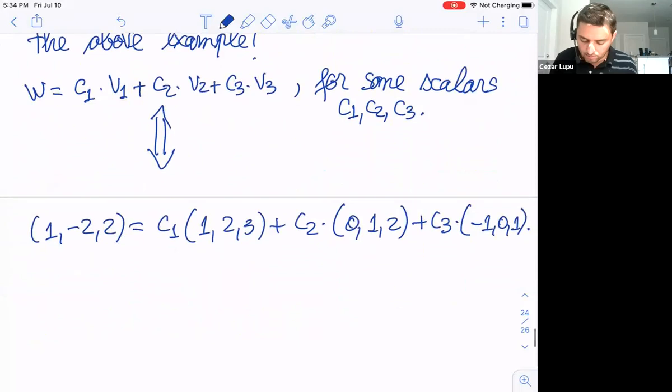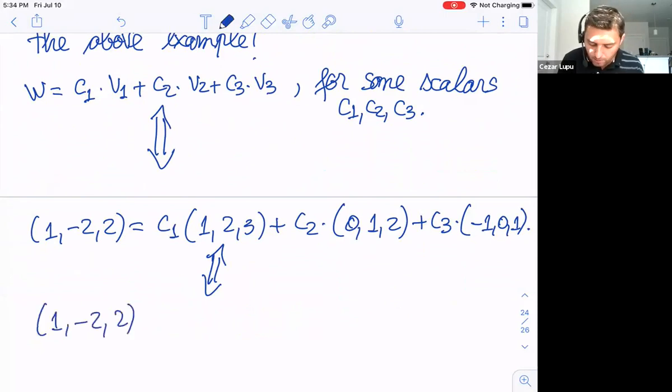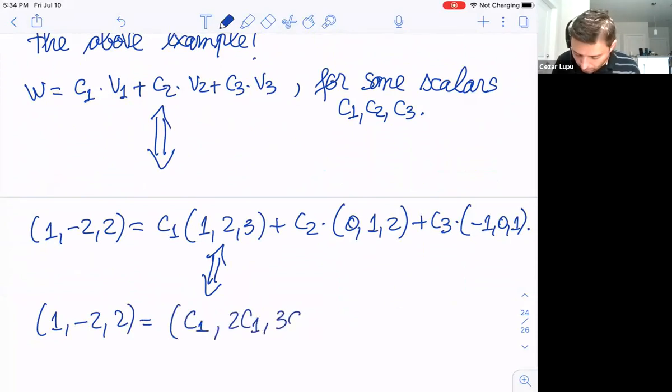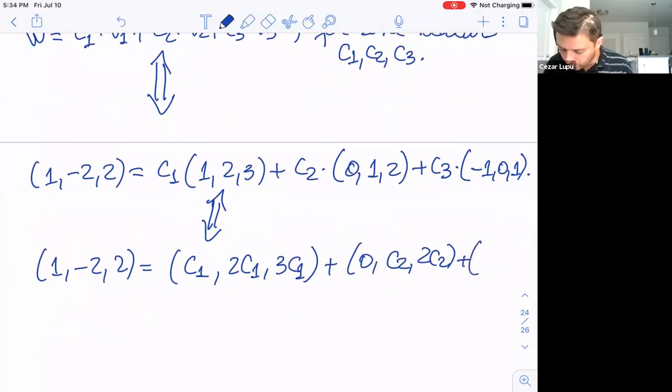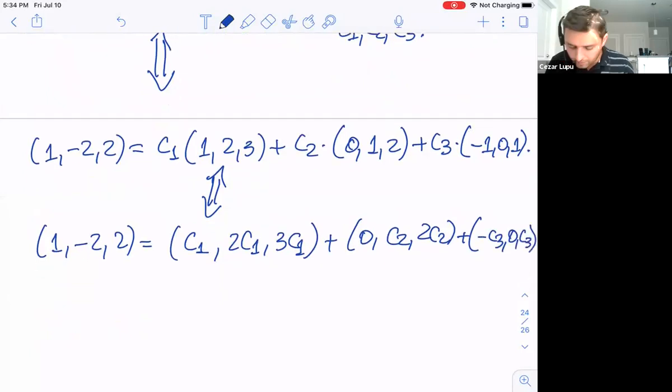So let's do the computations. The computations are similar to the previous example. This will be equivalent with 1, negative 2, 2 equals C1, 2C1, 3C1 plus 0, C2, 2C2 plus negative C3, 0, and C3.